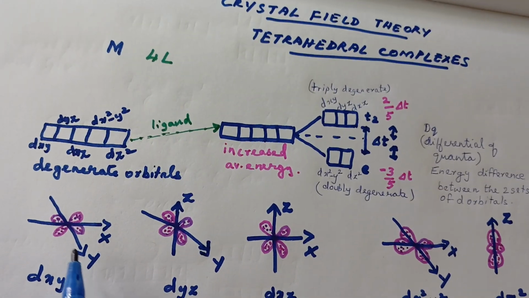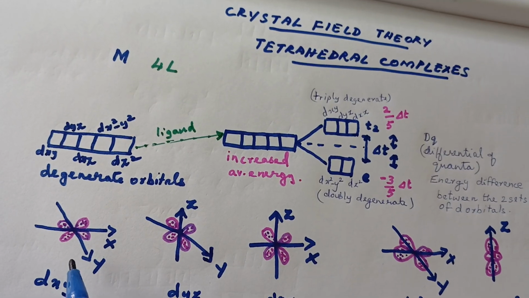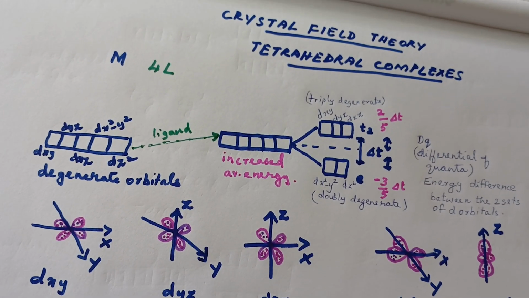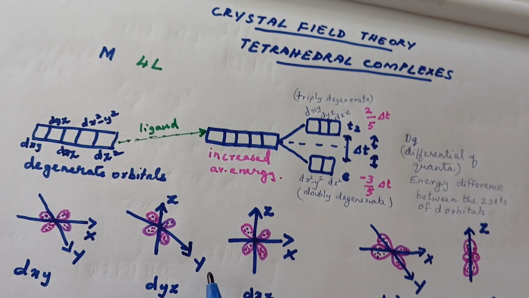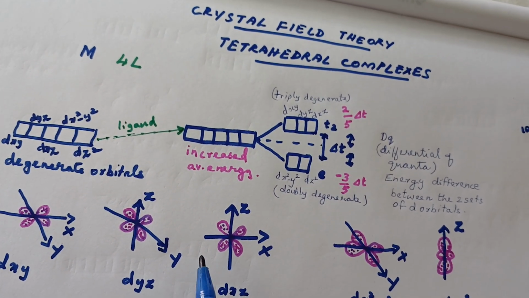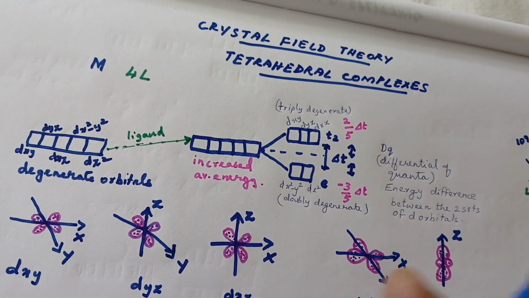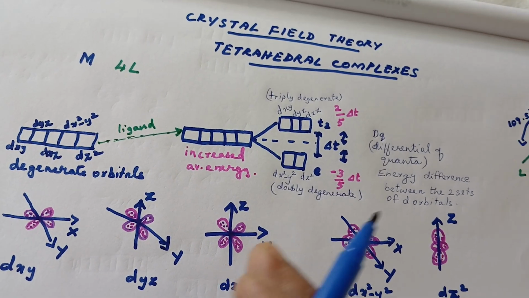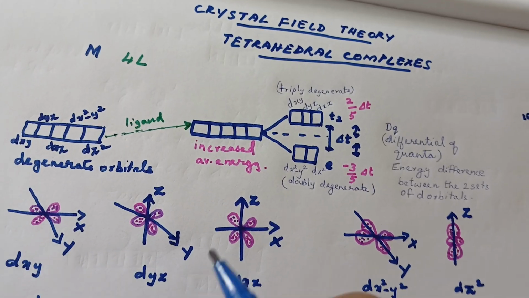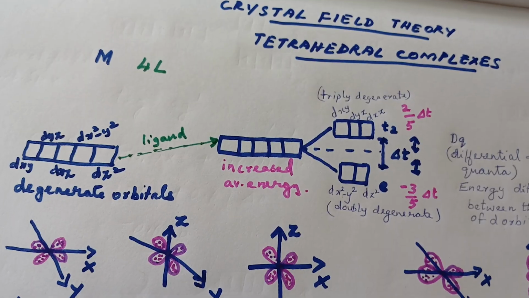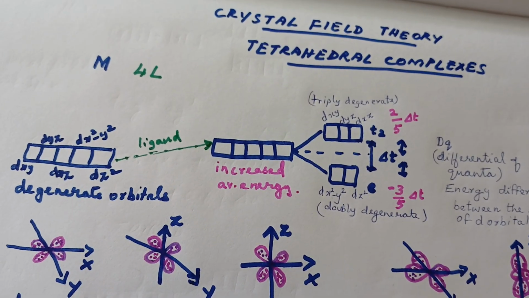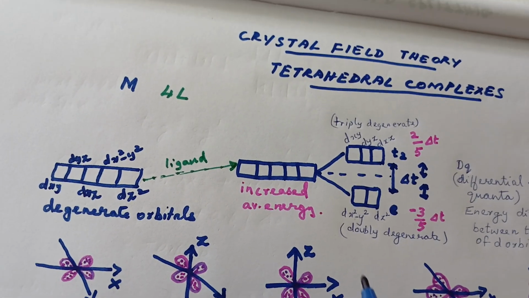But in the case of tetrahedral complexes, it is the d orbitals lying between the axes, that is the interaxial orbitals. Those electrons are getting more repulsion, or these lone pairs on the ligands and the electrons in the d orbitals lying between the axes are getting repelled.